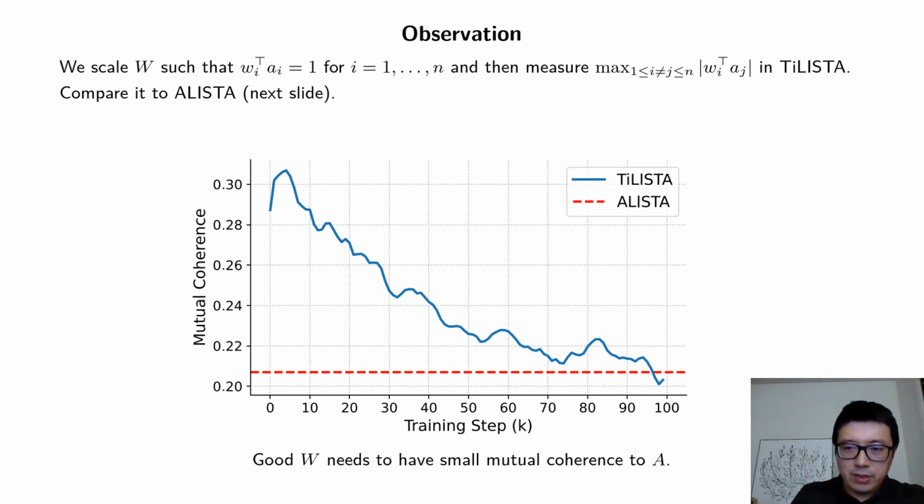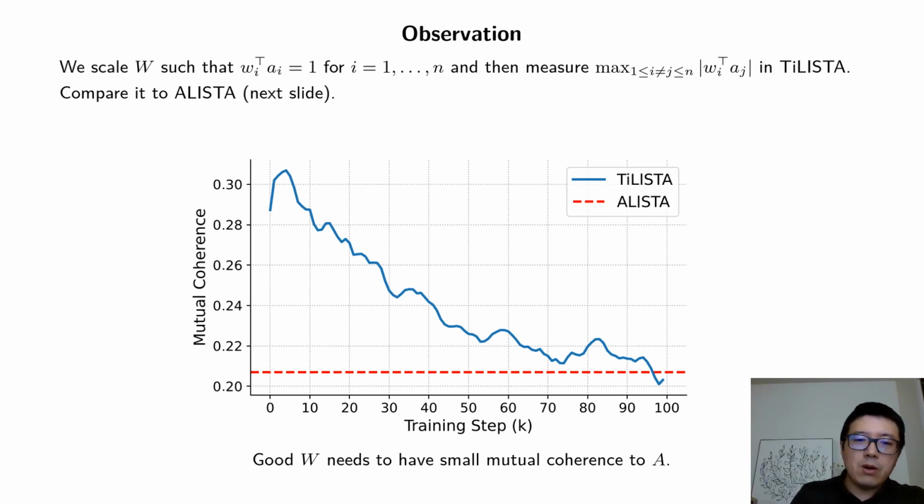You fix some random A, and then you let Pi-LISTA get trained, and during the process you plot the mutual coherence of the trained W to A. As training progresses, the mutual coherence gets smaller and smaller, which of course motivates us to pursue a W with the best mutual coherence.